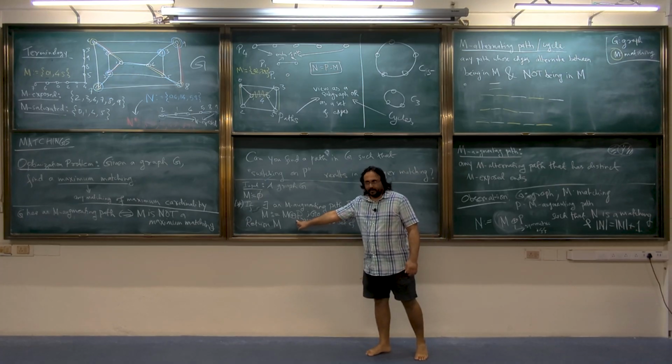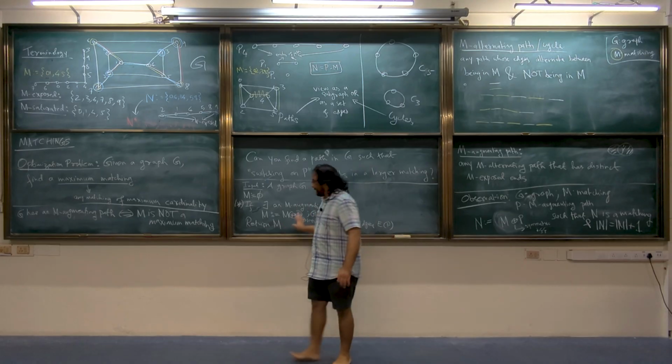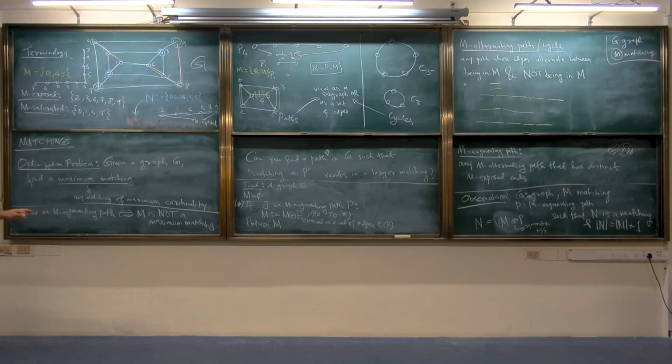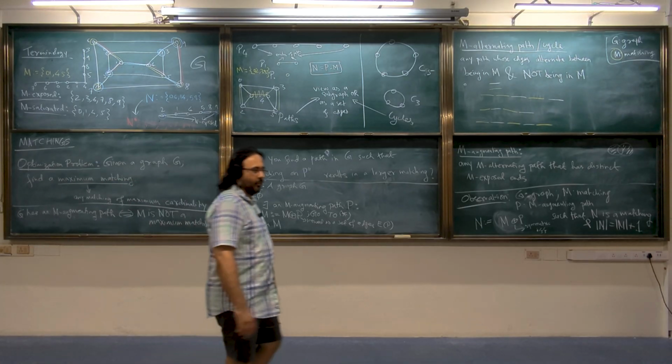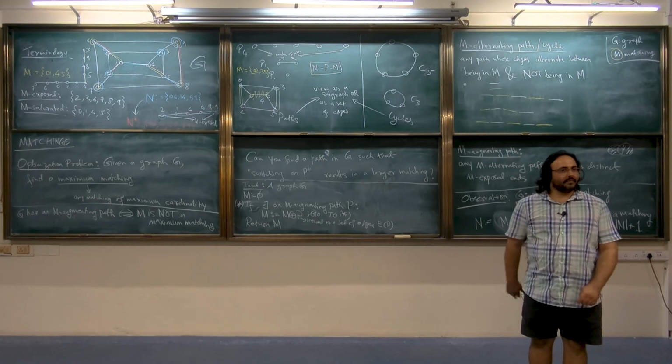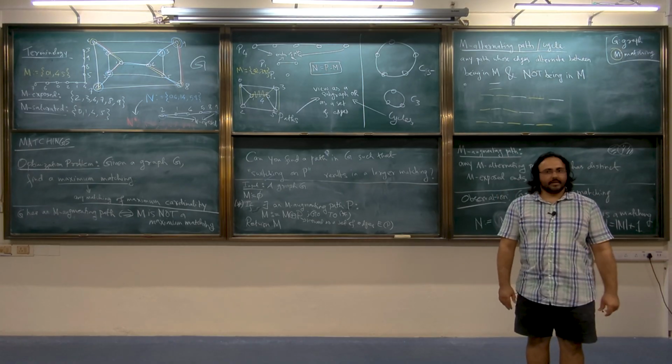So supposing I can do all these things in polytime, and supposing this statement is true, then you all agree that this is a correct algorithm that will return a maximum matching given any input graph? Okay, so let's look at this statement. One direction is easy. We have already observed it. Can folks figure out which direction we have already observed? Maybe raise hands.